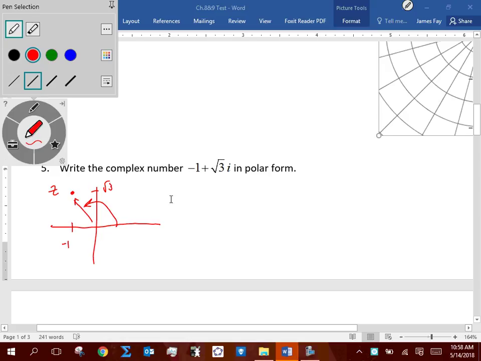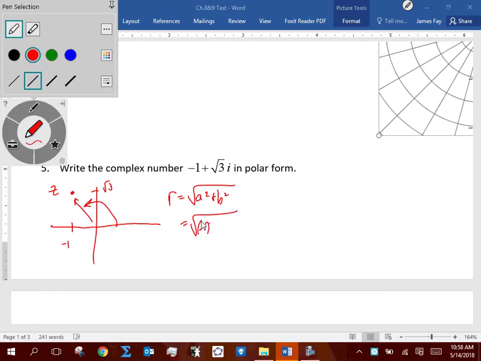Complex number, so I need the radius. So r is going to equal the square root of a squared plus b squared, a being -1 in this case, and b being √3. So that's going to give me 1 there, 3 there, add those together, I get 4, so we get 2 as my r.